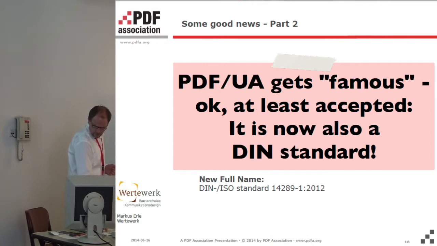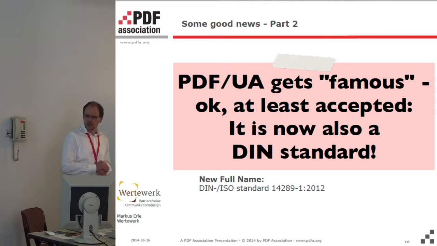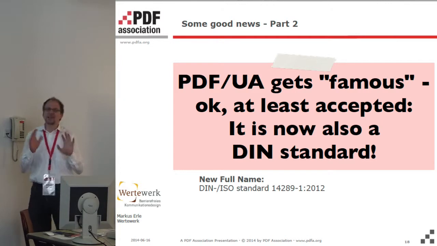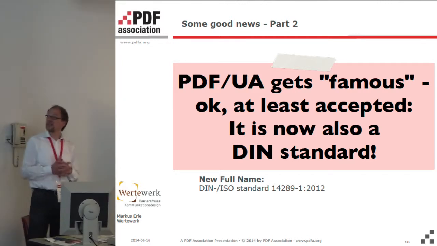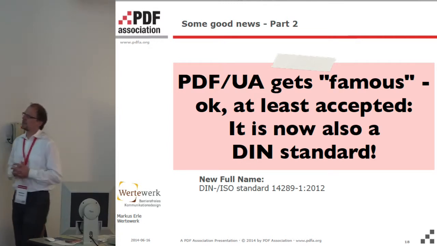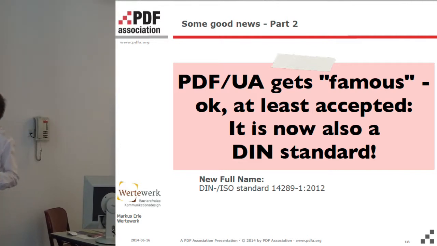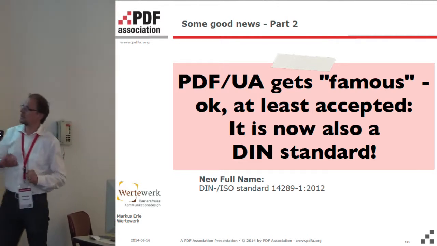And another good news, PDF UA gets a kind of famous, or at least accepted, because it is now also a DIN standard in Germany. And the new full name is not only ISO standard, so and so, it's a DIN ISO standard.